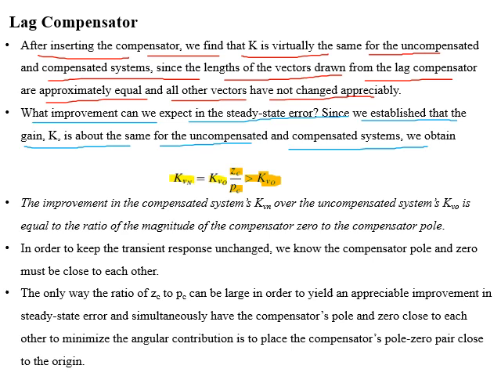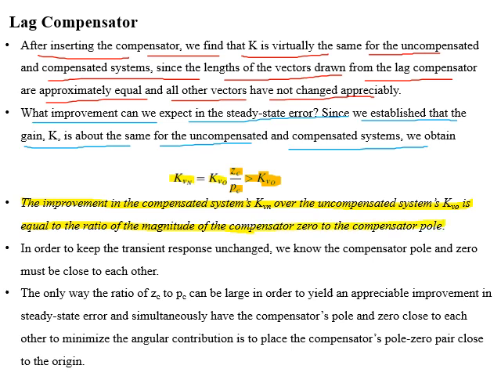Or we can say that improvement in static error constant of compensated system over the static error constant of uncompensated network is the ratio of the magnitude of compensator zero to the compensator pole.